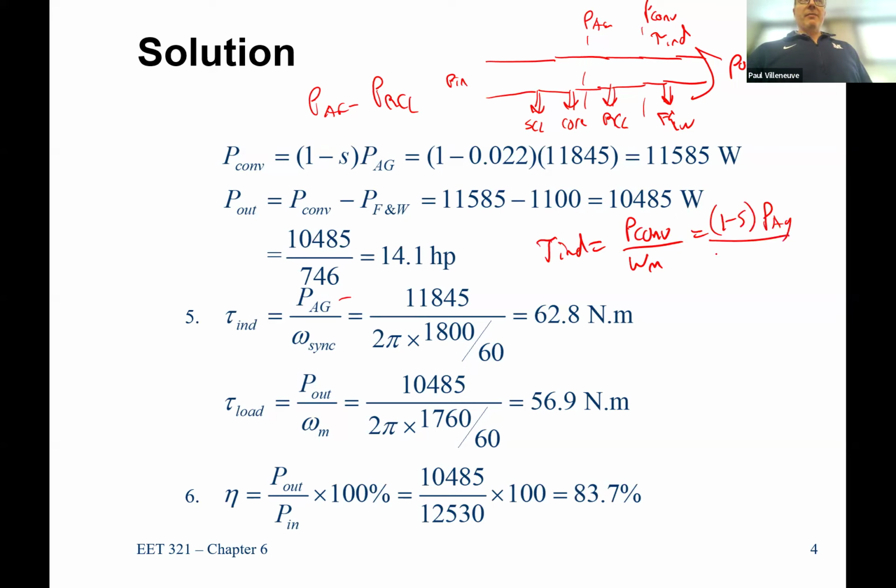And isn't omega sub m 1 minus S times omega S? So you could have used it. It doesn't matter, it's the same thing. We just didn't actually calculate omega sub S in radians per second. We calculated it in RPM. So it doesn't really matter, but yes, that would have worked perfectly fine.